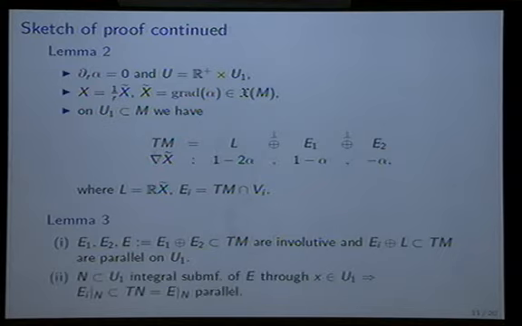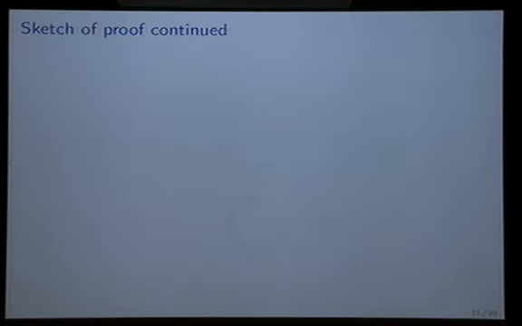And we can consider a maximal integral submanifold of E, since it is involutive, and restrict the distributions EI to this integral submanifold. And then we obtain two parallel distributions if we do this. And this will be exactly these factors M1, M2 in this double warped product decomposition.